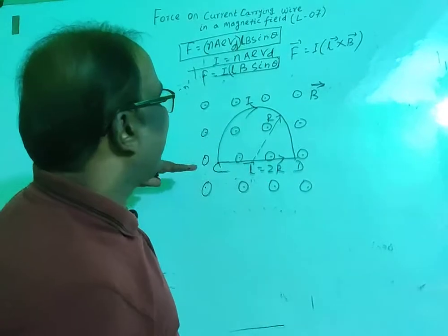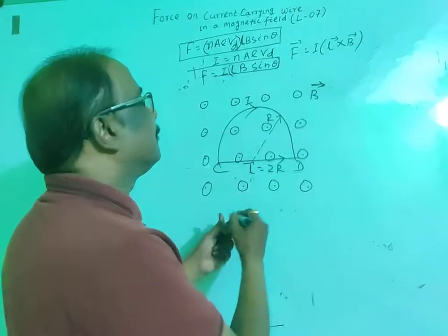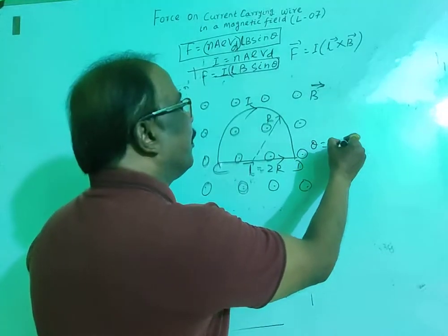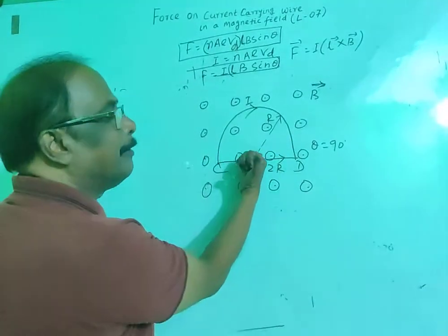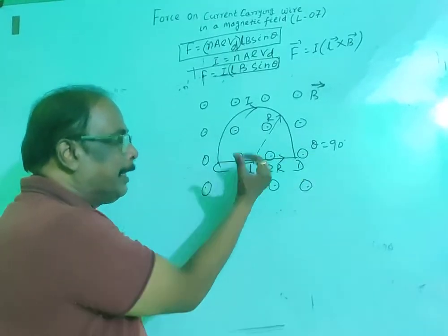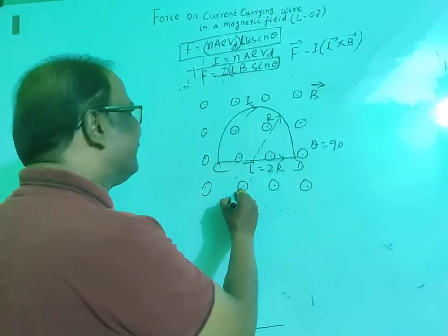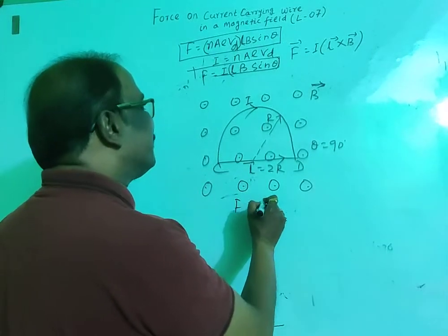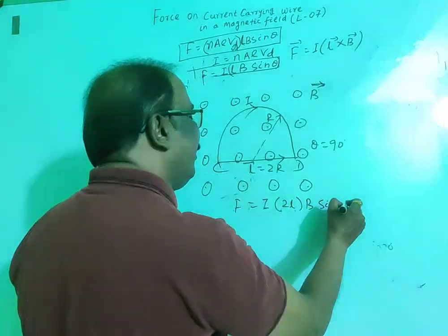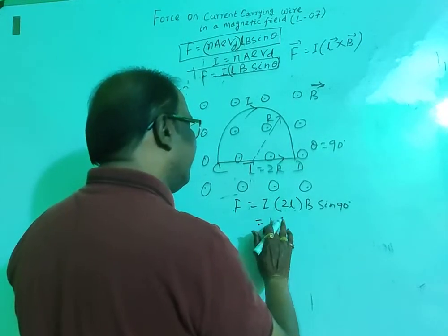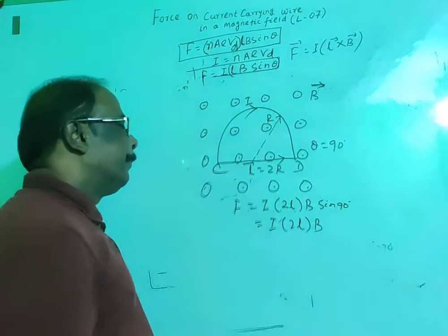Here, the angle between length and magnetic field, theta, is 90 degrees. This is the direction of length and this is the direction of magnetic field. Then the magnitude of force is equal to I into 2R into B into sin 90, so force is equal to 2IRB.